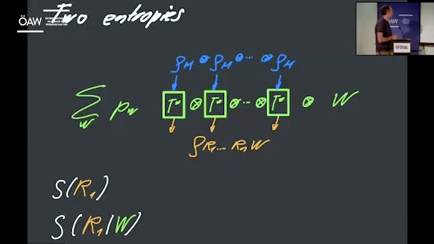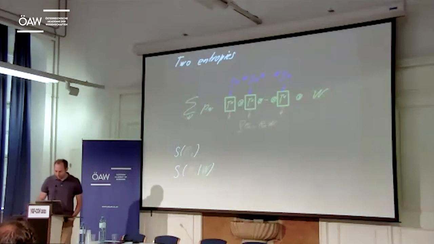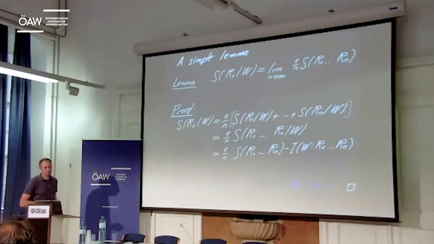And obviously you will get different values here. This observation will be important for what follows. Maybe that's not yet clear, but I hope it's clear that these are different things. So either you look at the output without knowing W, or you look at the output conditioned on W.